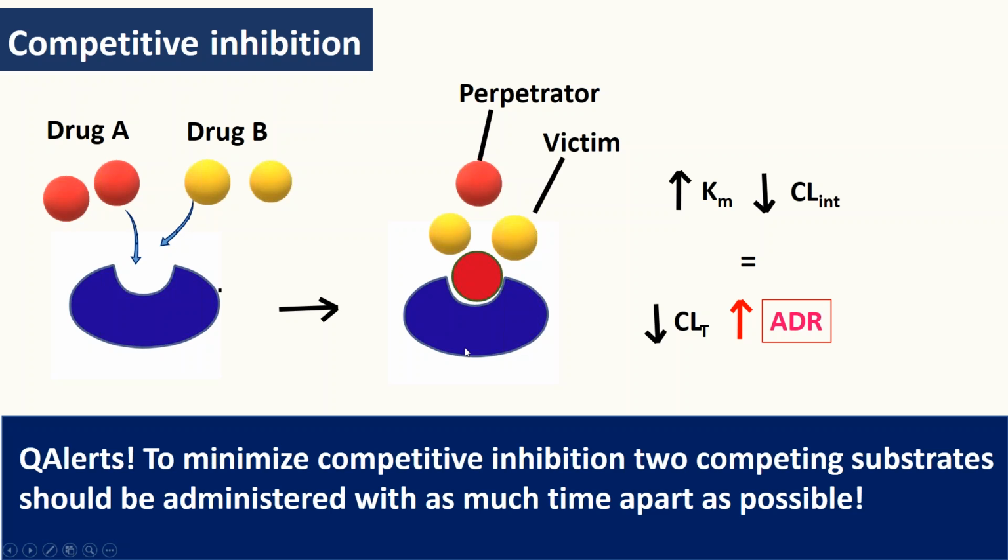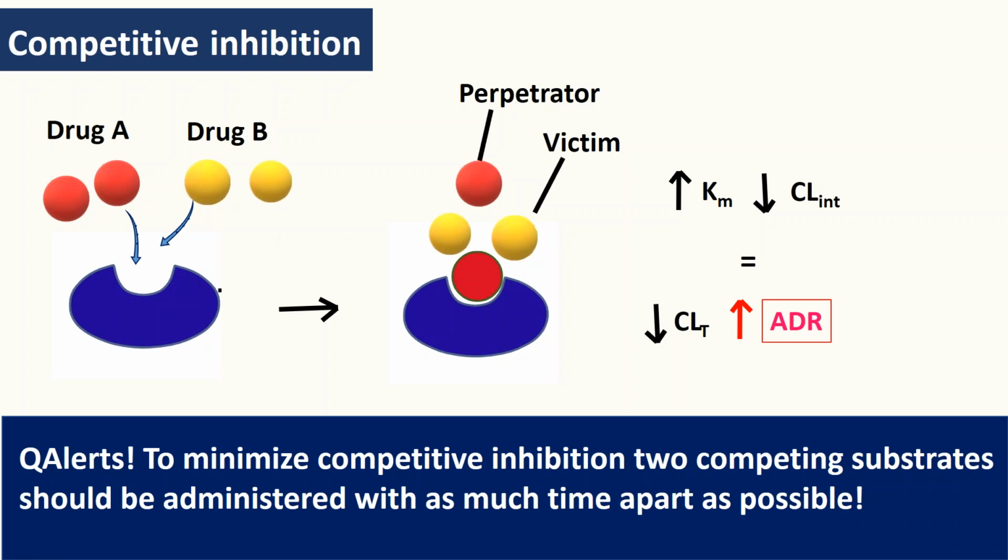One important thing about competitive inhibitors is that it is a very frequent question in the exam, and it also plays a very important role in clinical practice related to drug interactions. If two competing substrates are used concomitantly, it can result in drug interaction.